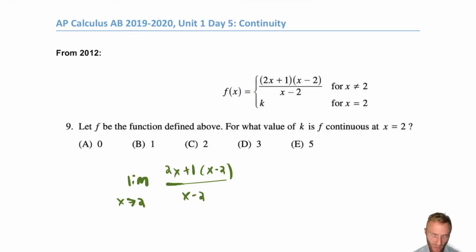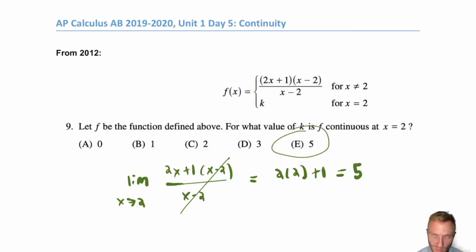This is already factored for us, though. We can cancel this. So the limit as x approaches 2 is 2 times 2 plus 1, that limit is 5. And if the limit as x approaches 2 is 5, and at x equals 2, f of x is k, k has to be 5.